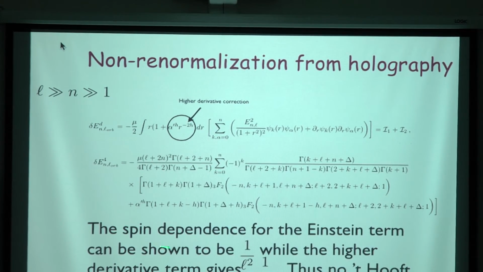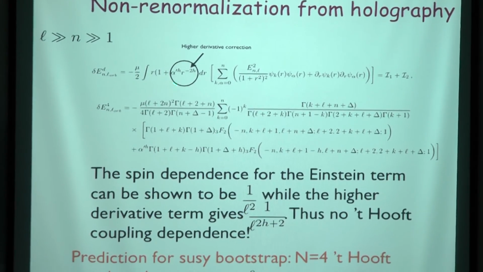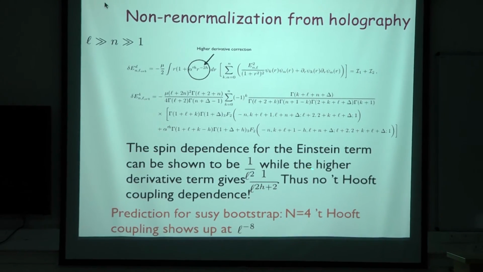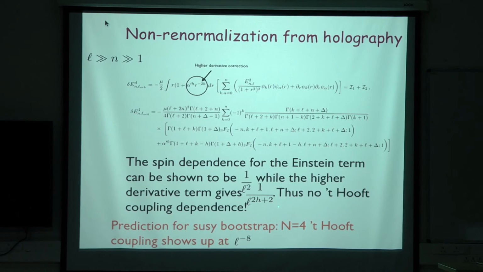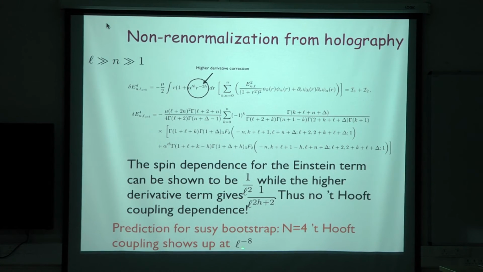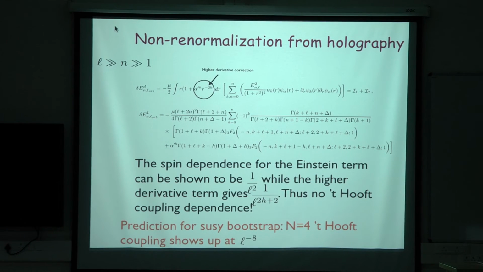And it can be shown that the spin dependence, which went like 1 over L squared, if you put in a higher derivative correction, an alpha prime to the h correction, will get corrected by a term which goes like 1 over L to the power 2h plus 2. Thus it appears that there is no 't Hooft coupling dependence up to 1 over L to the power 8. By 't Hooft coupling dependence, I mean if you did an explicit calculation, you see the 't Hooft coupling appearing as a relative coefficient at 1 over L to the 8.